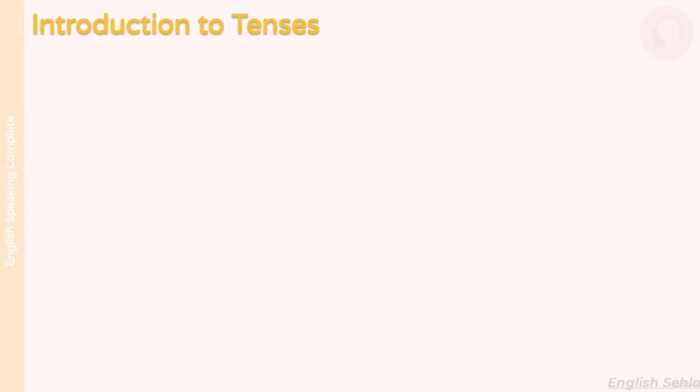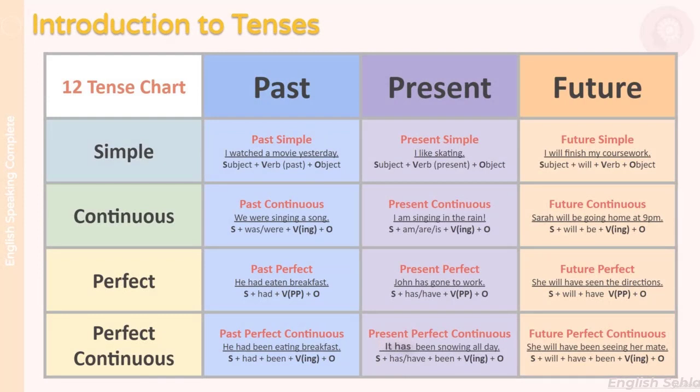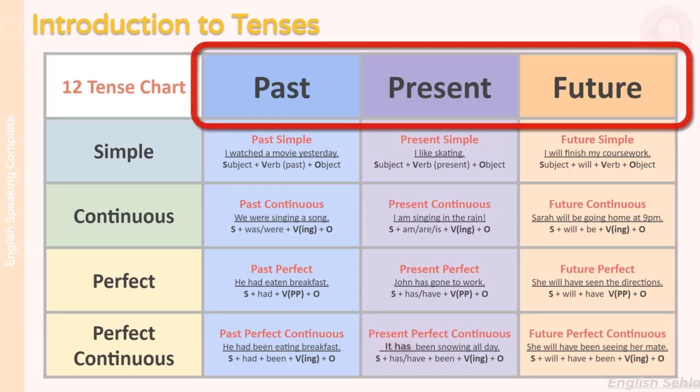Okay, so let's take a look at these 12 tenses in a bit more detail. Now, at first, this might be a little bit overwhelming, and I'll talk through it with you now, and we will be looking at this chart in more detail over the next few lessons. So here we have our 12 tenses, but on the top we can see the 3 times that we'll be using to talk about: past, present, and future.